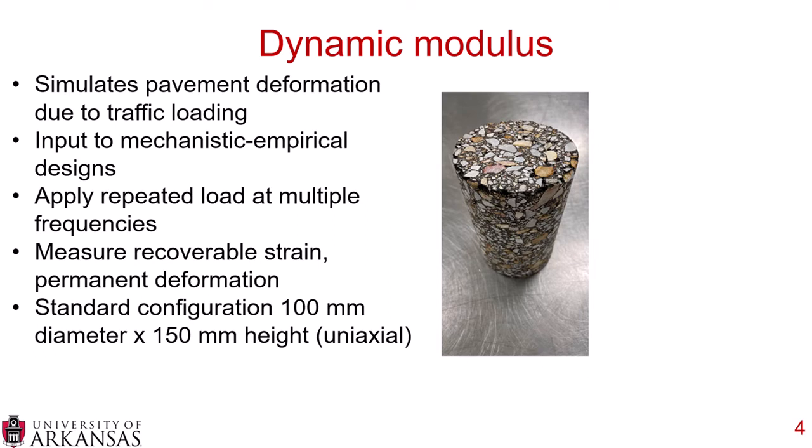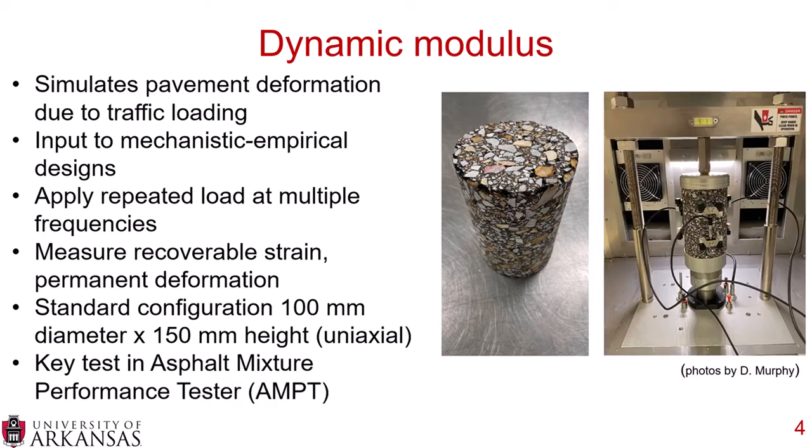The standard configuration for the dynamic modulus test is 100 millimeter diameter samples that are 150 millimeters in height, and this is called the uniaxial dynamic modulus, and you can see an image of a sample on the right. This is a key test that can be performed in the Asphalt Mixture Performance Tester, or AMPT.